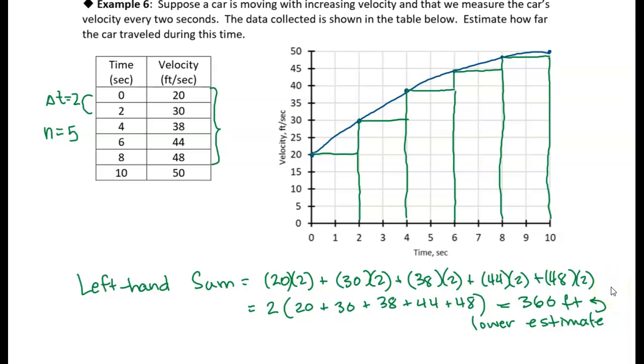But we could do this another way by taking the right-hand data points and using those to approximate the distance, right? So I could, let me choose a different color here.